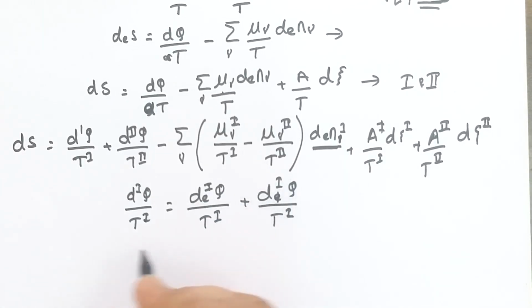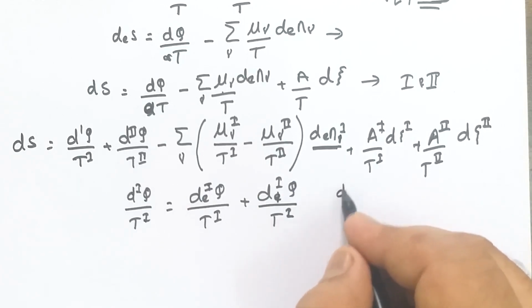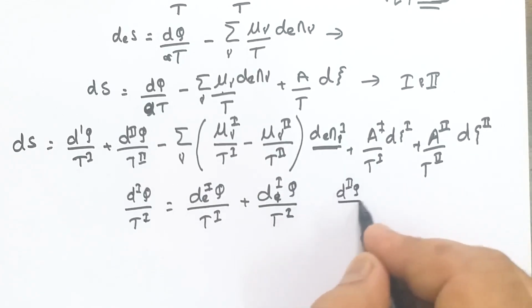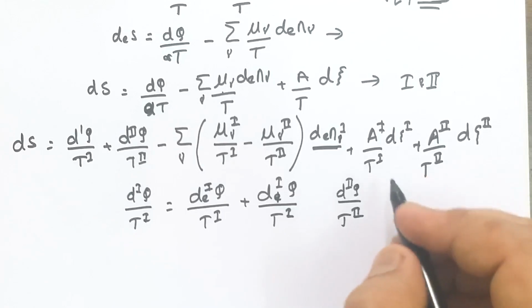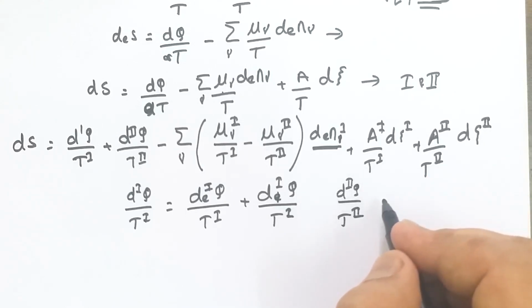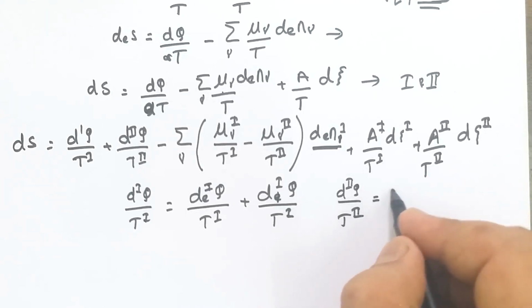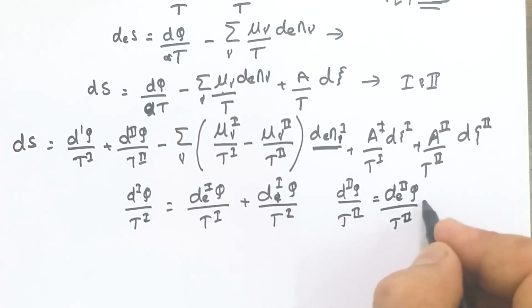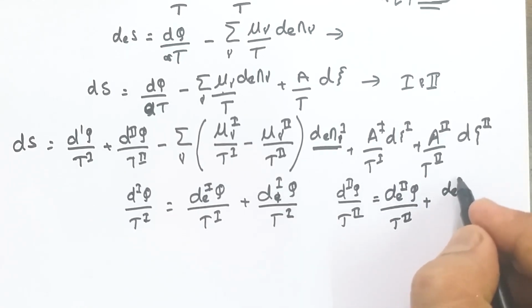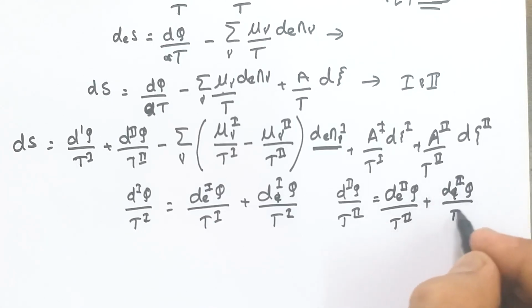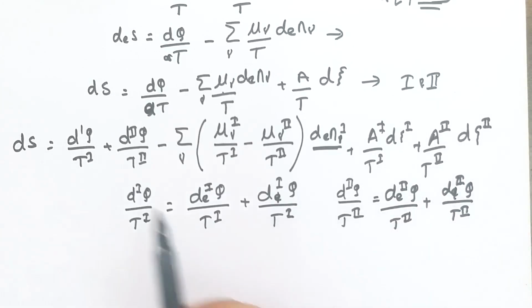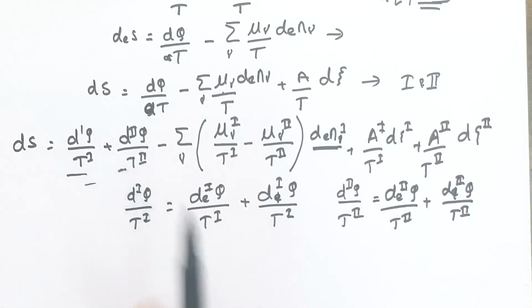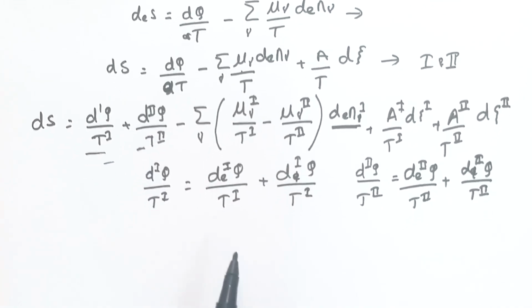And similarly for the second system, that is d2 phi upon T2, the same expression can be written, that is we will have dE2 phi upon T2 plus dI2 phi upon T2.